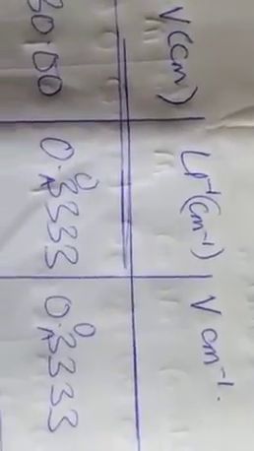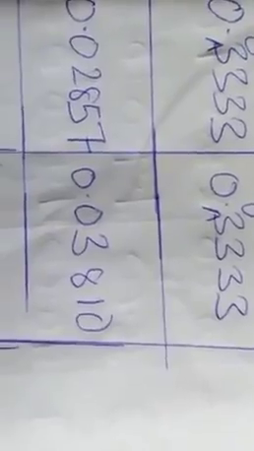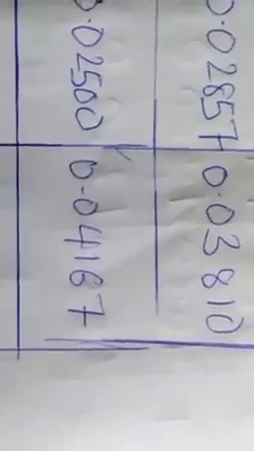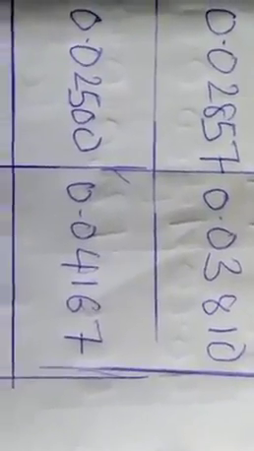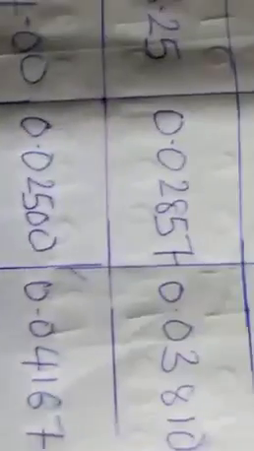So the V inverse values are 0.033, 0.03810, 0.04167, 0.04444, 0.04673.